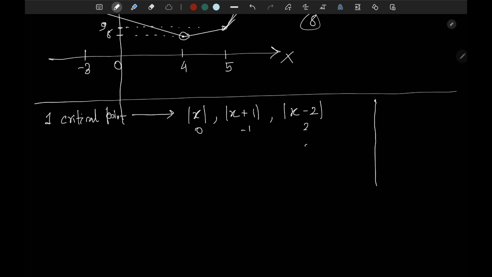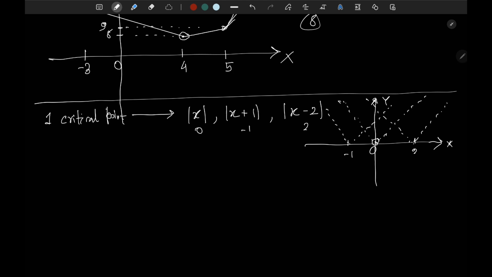They look something like this. If this is your 0, this is x, this is y, the mod x looks like this, right? Only one sharp notch, if we will say. In case of x equal to minus 1, the notch will be at minus 1, like this. In case of 2, the notch will be at 2. Other things will remain the same, like this.